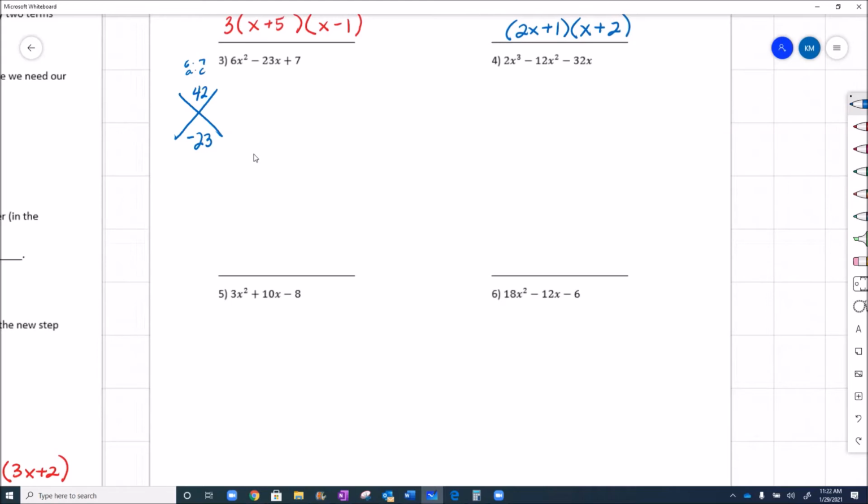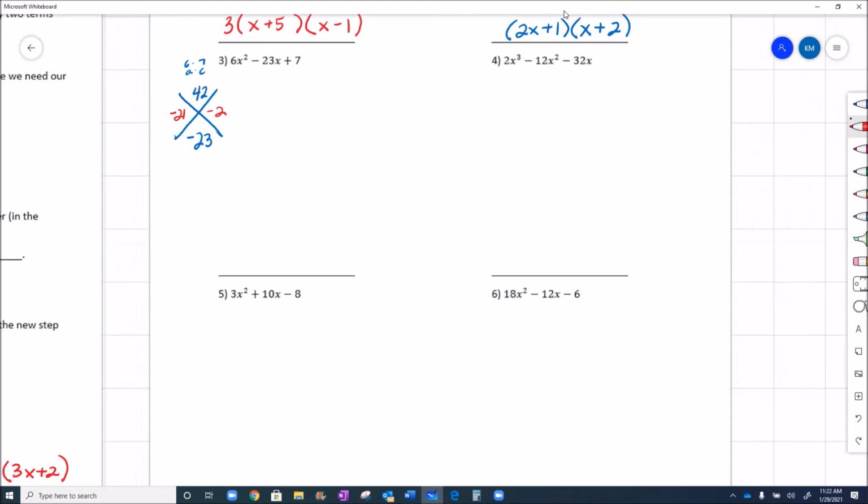I'm thinking of those numbers. You can take a second to think about them. Those numbers would be -21 and -2. Again, if you have any trouble thinking of those numbers, make the T-chart. Start with 1, divide the numbers all the way up, going until you repeat numbers.